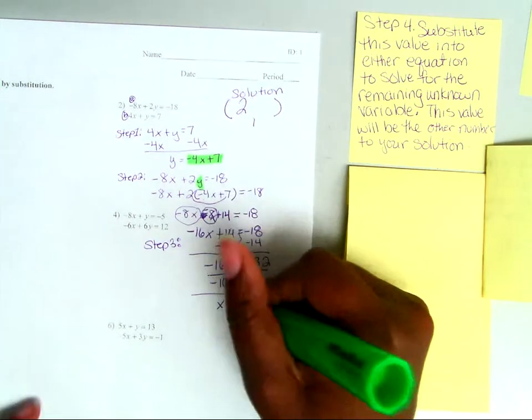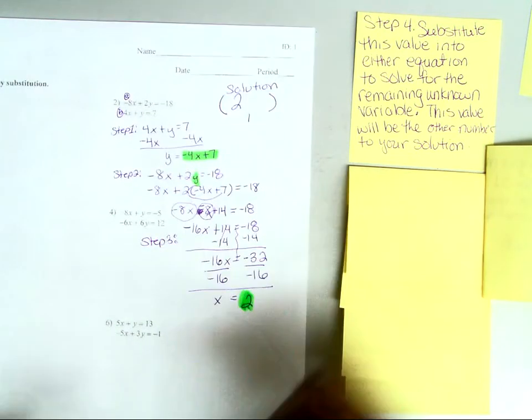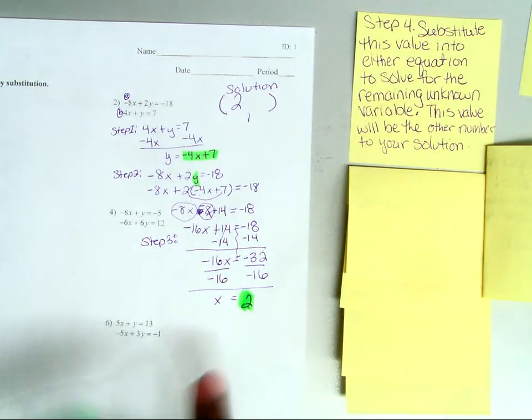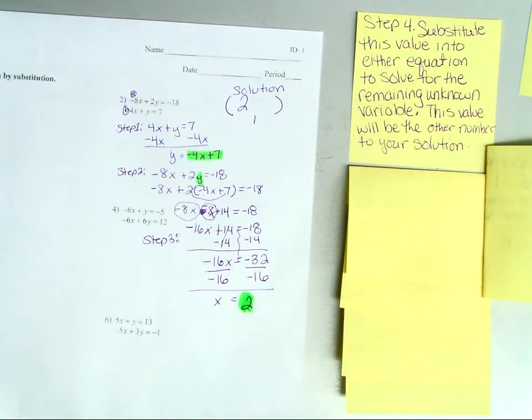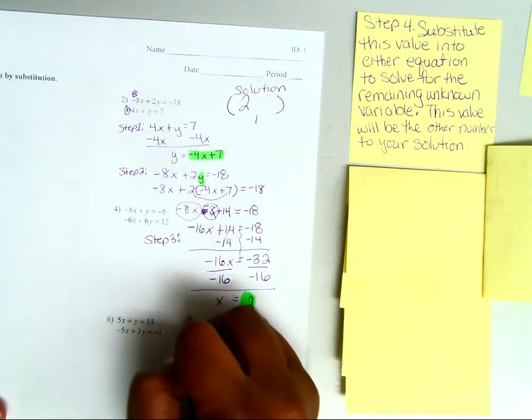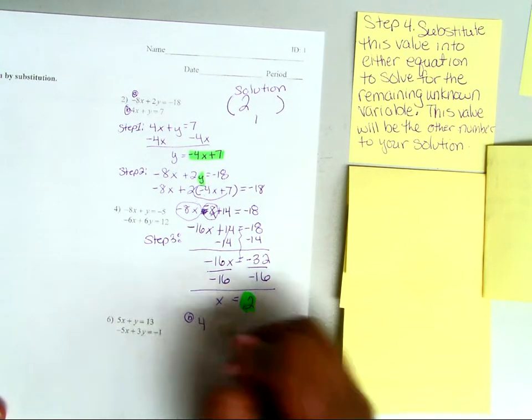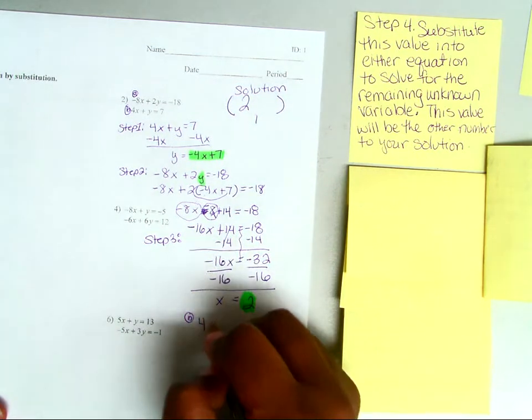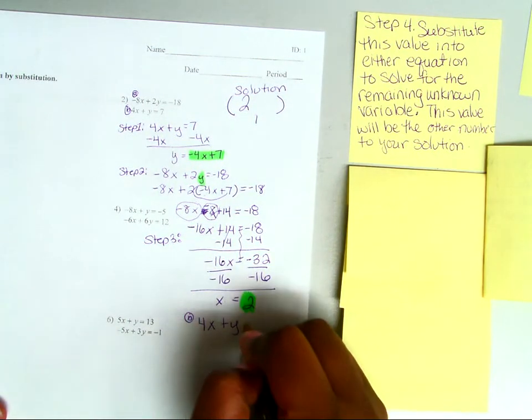So now I have that 2, and I know wherever I see an x, I can put 2. I can use either one. I'm going to use B. Wherever I see an x, I'm going to put in 2.